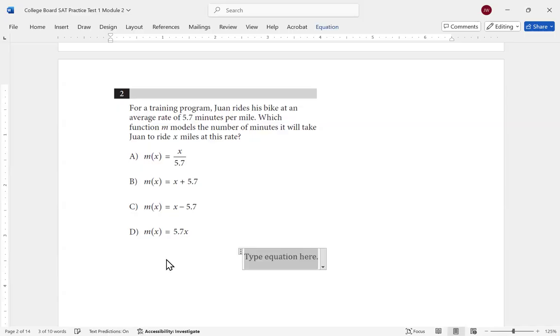You can also think of this as a fraction. When we say 5.7 minutes per mile, think of doing the labels. So 5.7 minutes per mile is like 5.7 minutes divided by 1 mile.